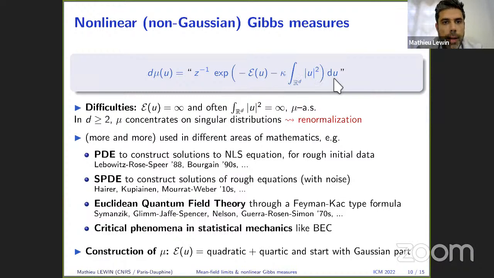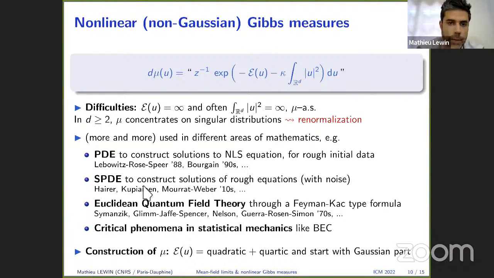Such measures have played a very important role in several areas of mathematics. They've been studied in a groundbreaking work by Bourgain starting from the 90s, and that was about deterministic nonlinear equations with rough initial data. So these measures play a big role. They have also appeared in the case of stochastic PDEs, and they are used there to construct solutions of these rough equations.